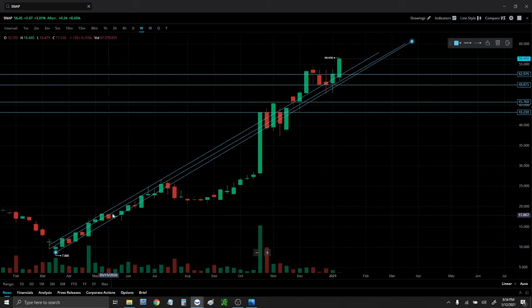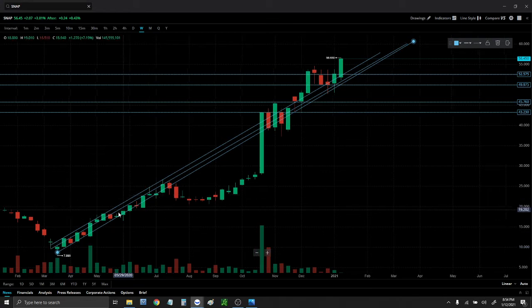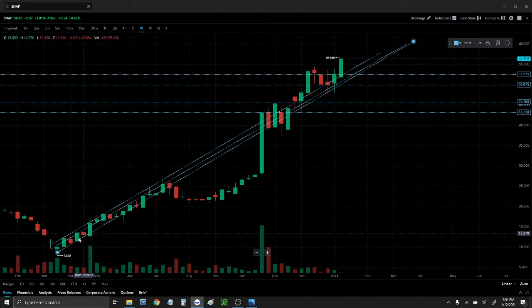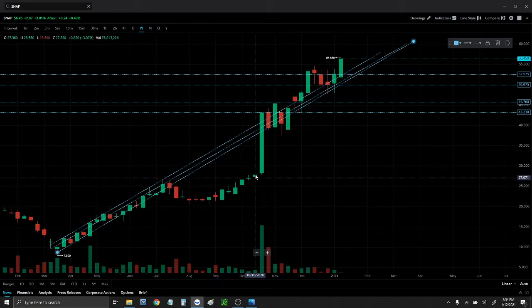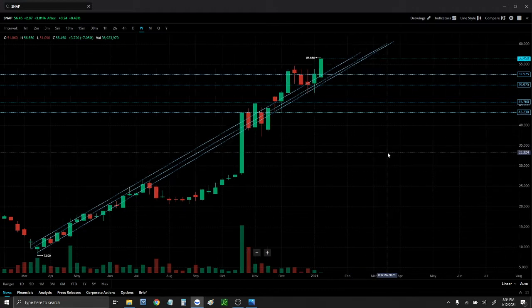This is what you would normally like to see as a pattern for a healthy growth area. It goes up slowly, comes back down, goes up slowly, consolidates for a bit, goes up, and that's just a very healthy pattern.